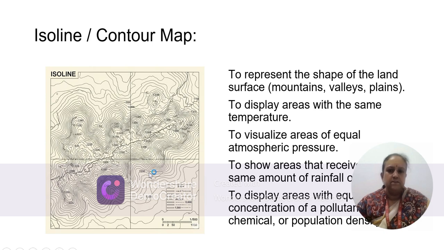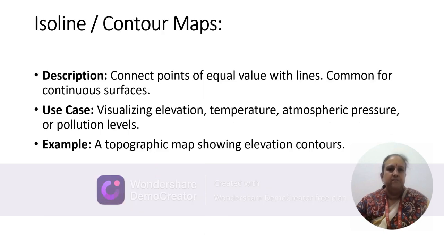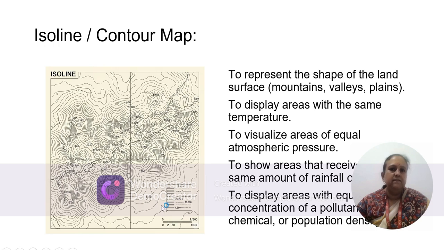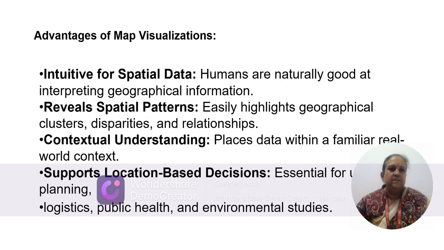So this isoline map connects points of equal value, where an equal distribution of a mountain, a valley, or a plain is connected with the same temperature, atmospheric pressure, or rainfall. In that way, these maps are helpful in the visual model.